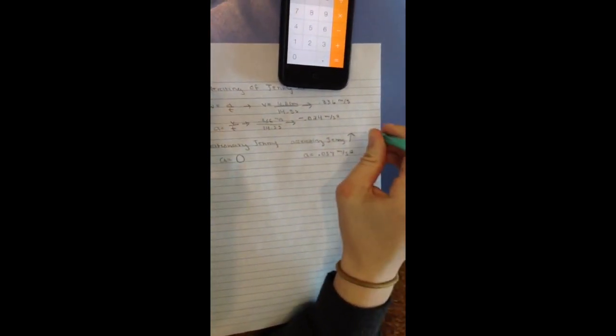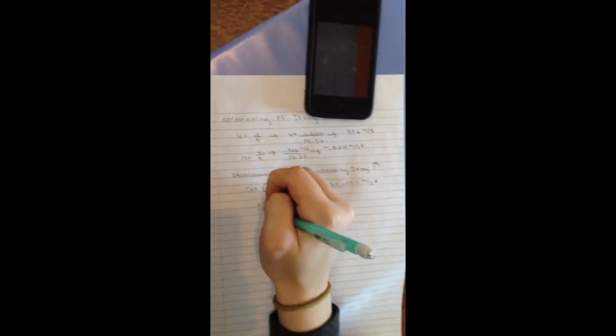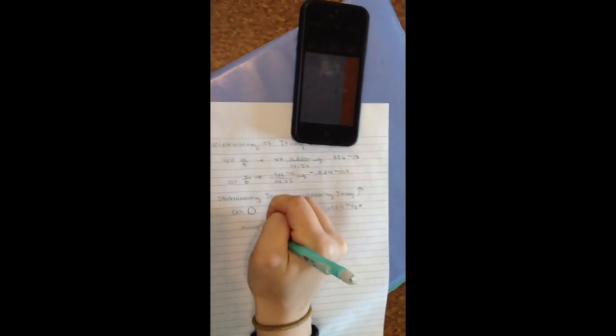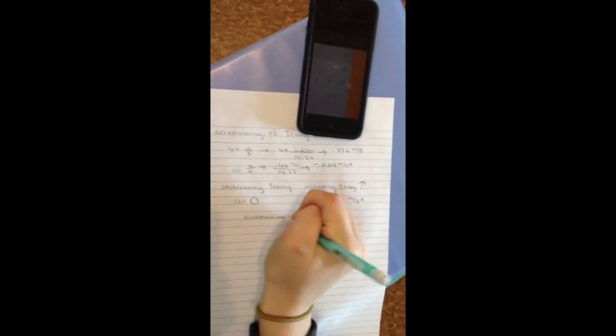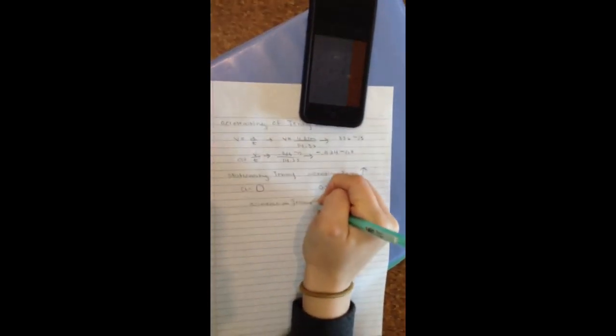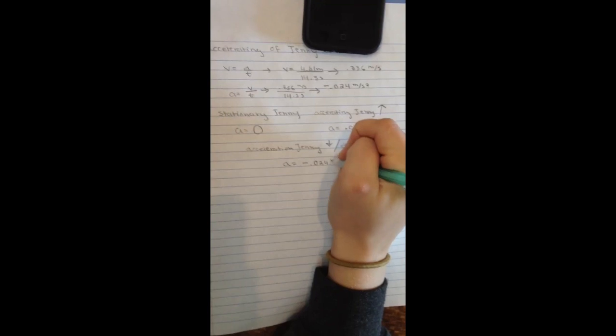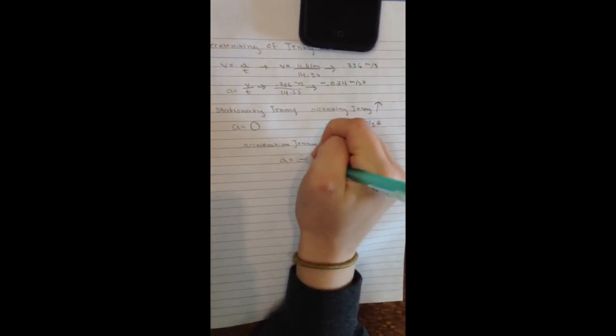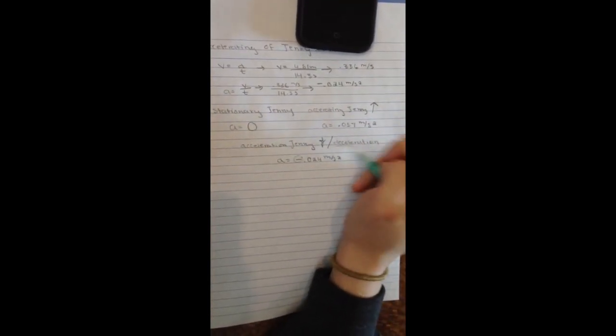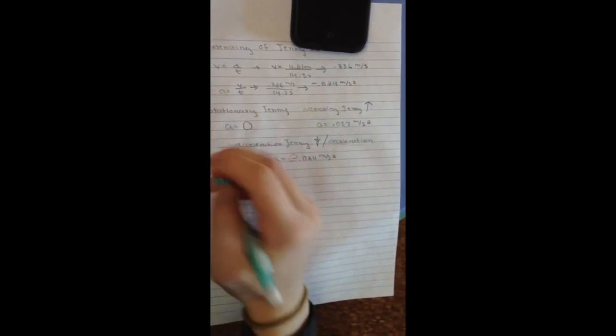That one was Jenny on the basement floor of the school going up. And the one we just found, the acceleration of Jenny downward, which can also be called deceleration, was negative 0.024 meters per second squared, and it is negative because she's going downwards, or decelerating. And those are our answers.